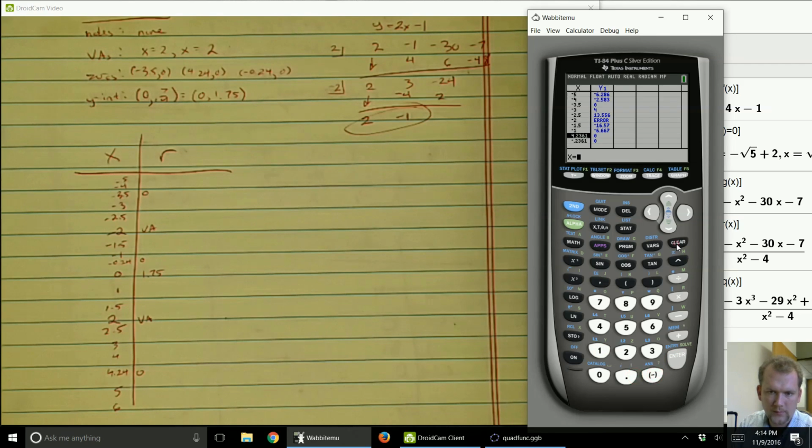I know that's going to work, so that's this number down here. Clearly it worked. So I'm skipping that. If I put 0 in, I should get 1.75. Okay. And then 1.5.